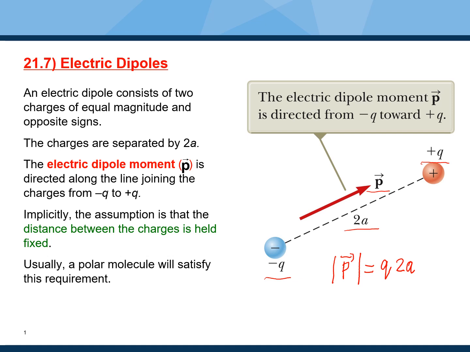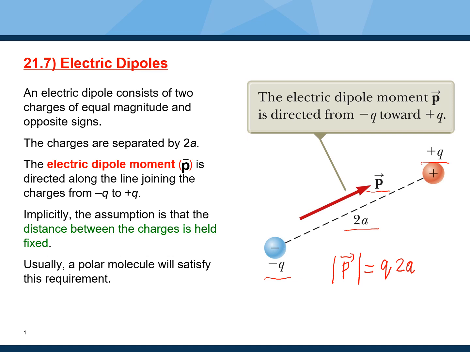So we know that equal and opposite charges separated by a distance give us a dipole, but many molecules in nature also look like and behave like dipoles, which is why this concept has a certain utility, which we're going to exploit in this section.